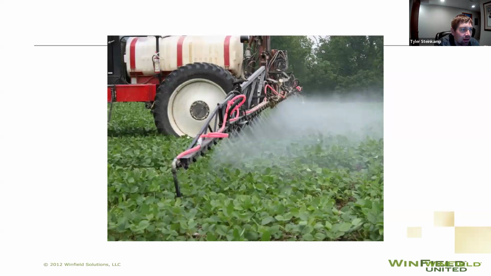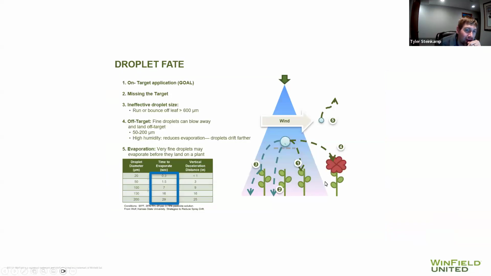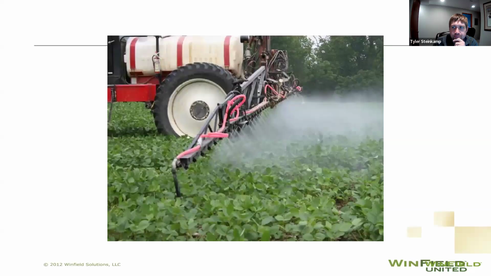But in the end, a lot of these really fine droplets that are just hanging up in the air like this are actually going to end up evaporating before they hit the target. Okay, and that's where, yeah, off-target movement is important, but in my opinion, the deposition piece and keeping consistent droplet size is even more important.